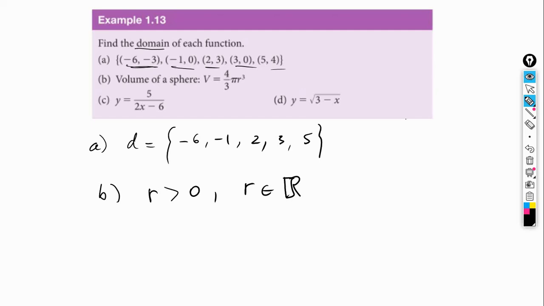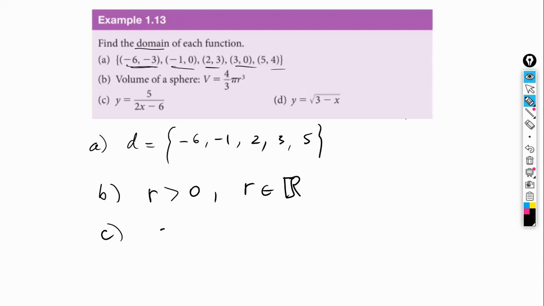For C, we have more of a classical function. And it says that y is equal to 5 divided by 2x minus 6. So what we have to determine here is what are all the possible values that we can use for x. Now the only restriction here, because this is a fraction, is the fact that we cannot divide by 0.